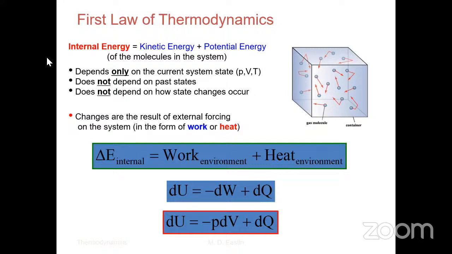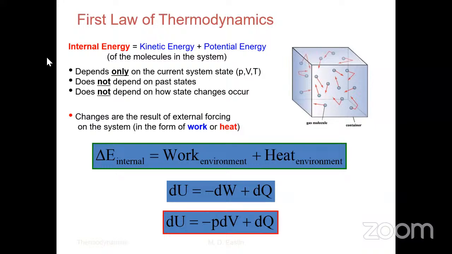And so internal energy depends only on the current state of the system, as in the pressure, the volume, and the temperature. Current, not the past state of the system. Internal energy also does not depend on how the state changes. It only depends on the current state of the system.